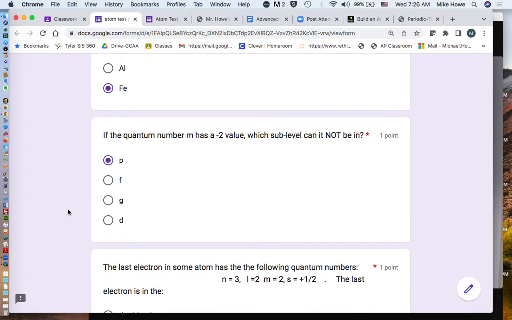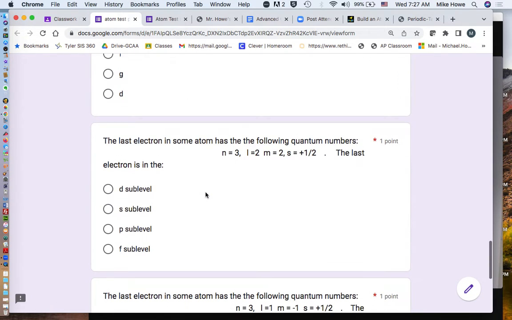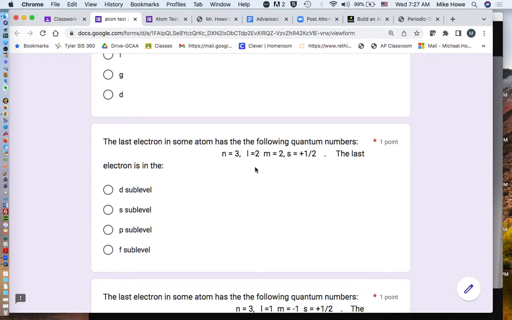So there's no possibility for a -2. So you have to have at least an L value of 2 for M to be -2. So F, G, or D all work. Okay, this one, the last electron here, this is the set of quantum numbers for the last electron. So if N equals 3 and L equals 2, that's a 3D. So D sublevel.